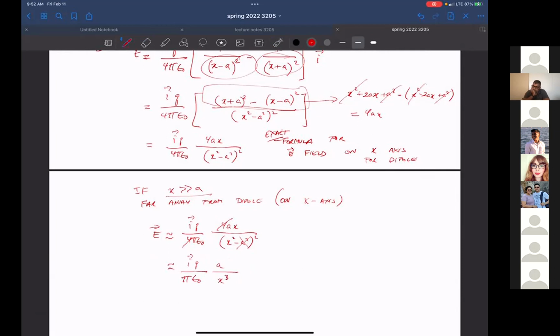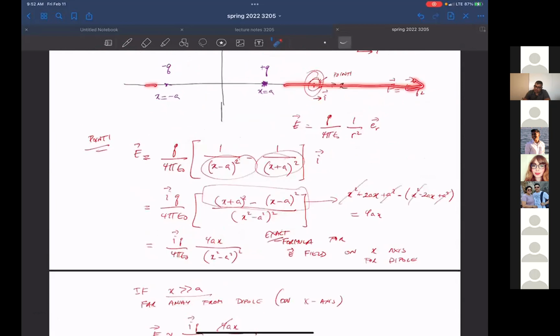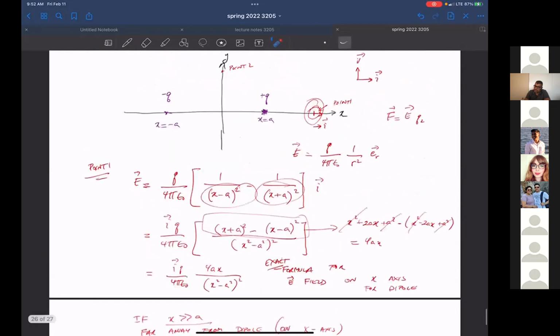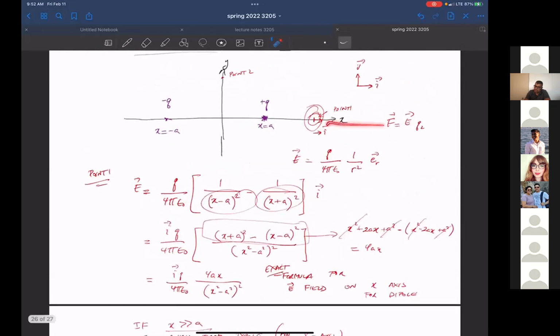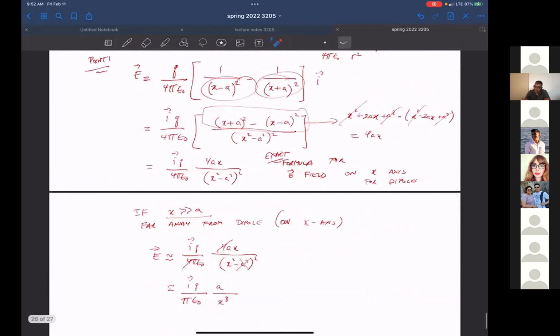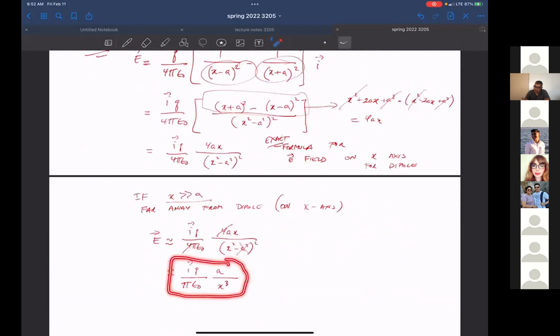So what does this tell us? It tells us the electric field on the axis far from the dipole, when x is very high and you're way out here, is dropping off. Remember, the electric field due to a single charge dropped off as 1 over distance squared.